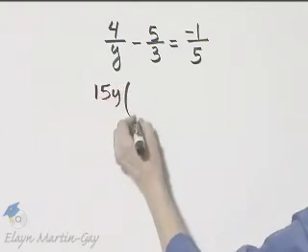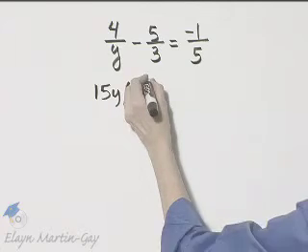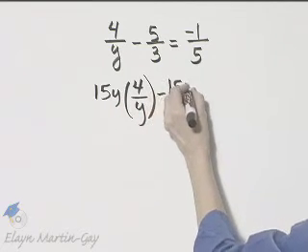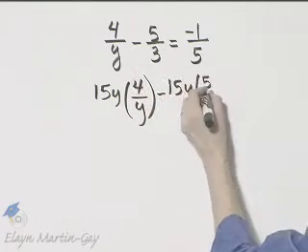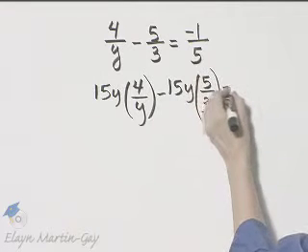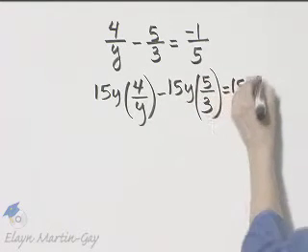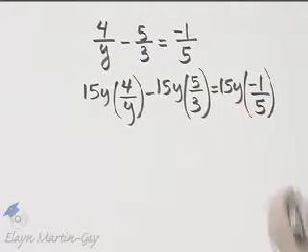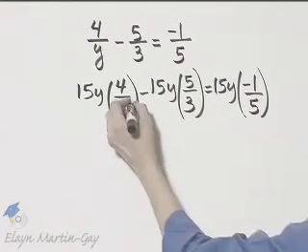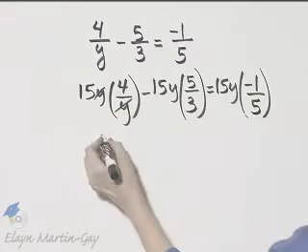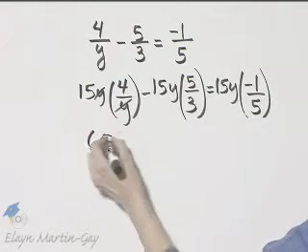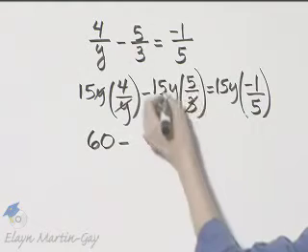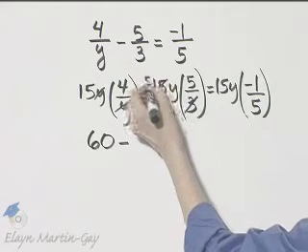So that's 15y times 4 over y minus 15y times 5/3 is equal to 15y times negative 1 over 5. And now let's see what happens. The y's divide out here, and I have 15 times 4, that is 60, minus 3 divides into 15 5 times.